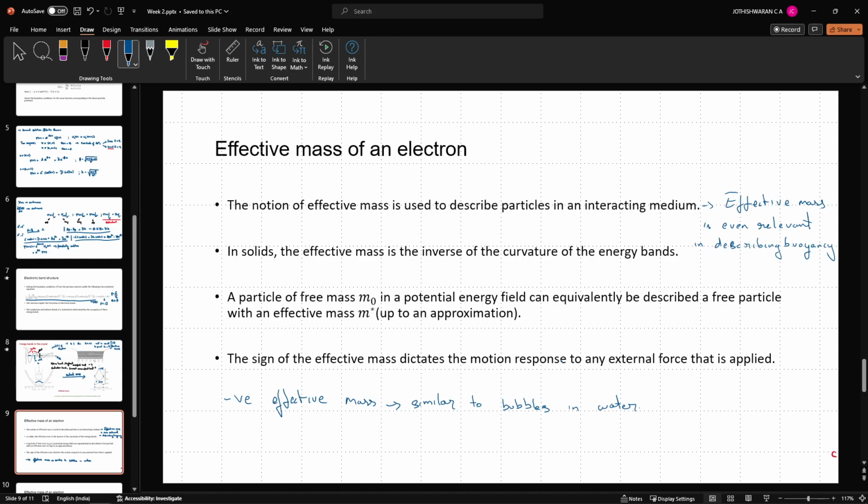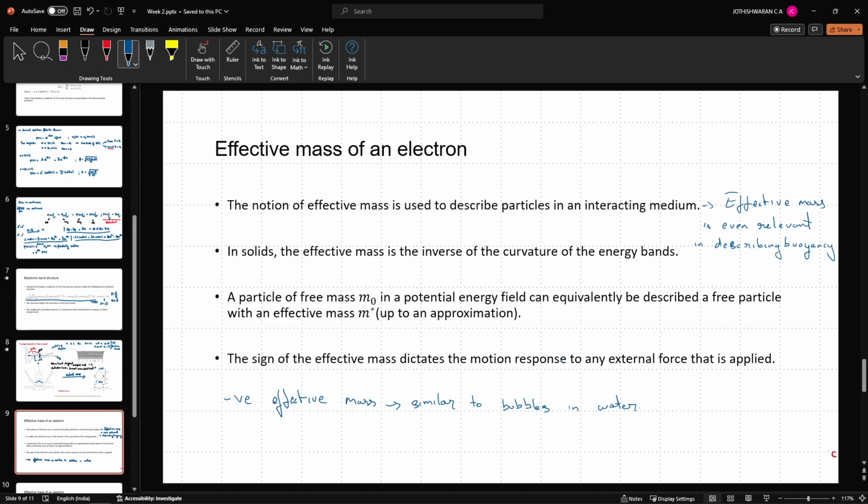It will move to the highest point available, whereas all the water molecules will try to move to the lowest point available to them. So the water molecules behave as particles with a positive effective mass, and the bubble inside acts like a particle with a negative effective mass in the system. In reality, no negative mass particles are known. In fact, we can say with reasonable confidence that negative mass particles cannot exist.